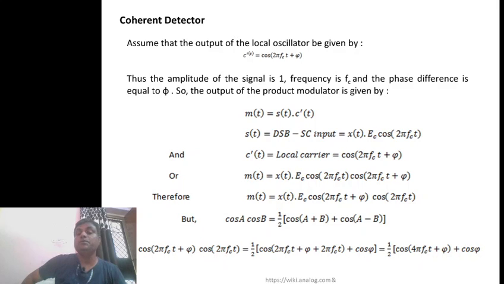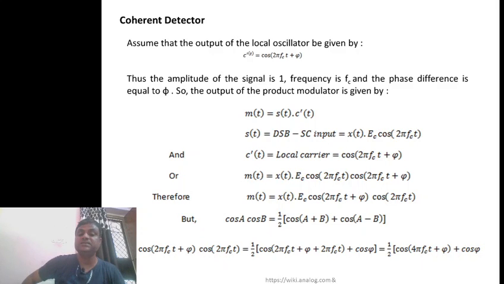So the output of the product modulator is given by st multiplied by c dash t. What is st? st is equal to xt ec cos 2 pi fct. And we know the carrier c dash t. We multiply both signals, so it becomes xt ec cos omega ct into cos of omega ct plus phi.